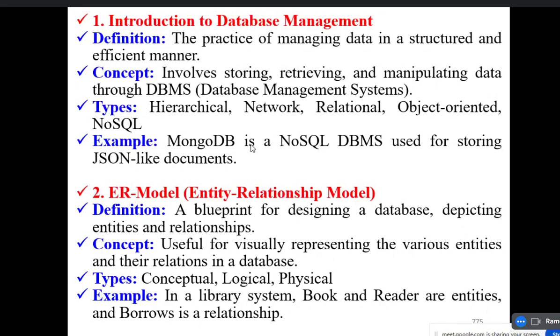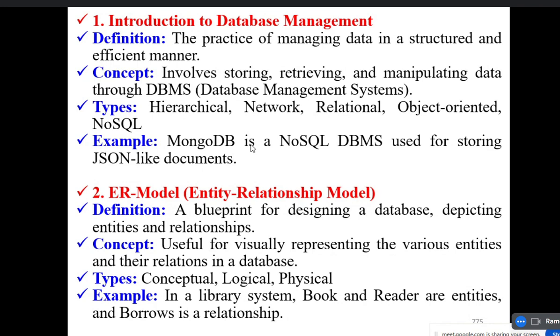It is a blueprint for designing a database, a collection of interrelated data, depicting entities and relationships, like Ramchan, age, 35. It is useful for visually representing, through diagrams, various entities and their relationships in a database. How many types can we use?